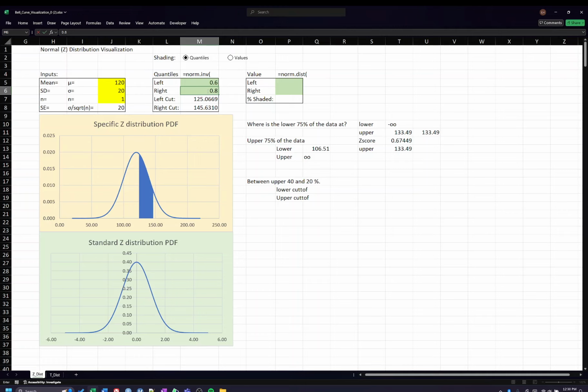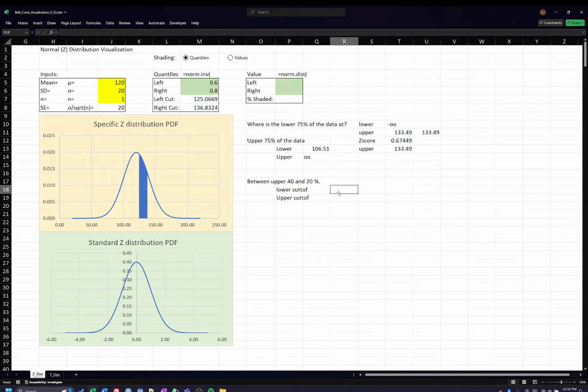So if we want the upper 20, that's the same thing as saying the lower 80. If I want the upper 40, it's the same thing as saying the lower 60. So if I put those in, I get this little sliver between the upper 40 and the upper 20 percentages. And here are my two cutoffs.